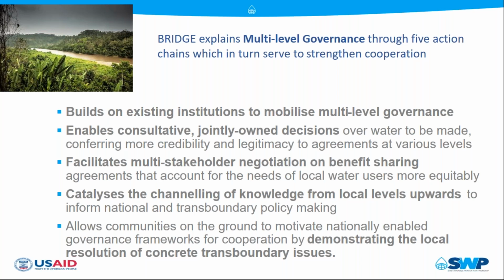And the idea being that this allows communities on the ground to motivate national governance frameworks and national decisions that have been made at the local level. And it also means, therefore, they can apply and try them and feed that information back up to the higher level at the national level and demonstrate how these things can work or how negotiation and adjustment might be required.